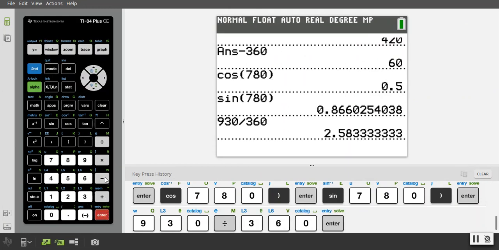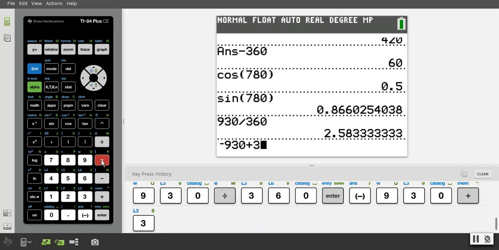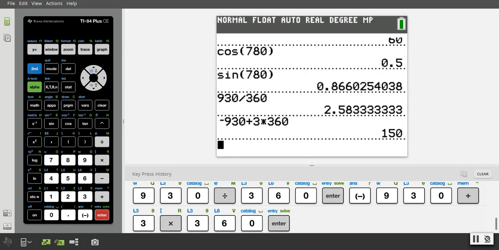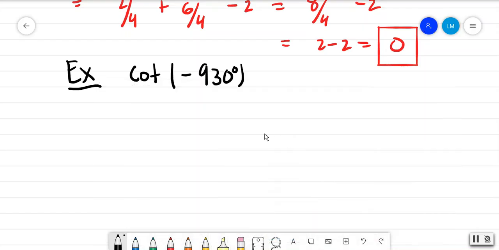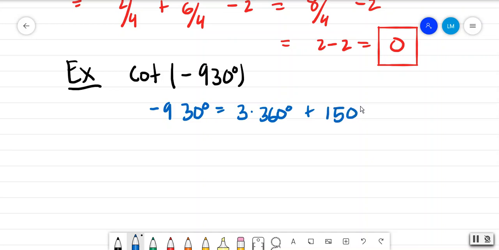So we need to subtract or add 360 three times. So 930 plus 3 times 360, and then we just add that. That gives us 150. So I already found that negative 930 equals 3 times 360 plus 150 degrees.